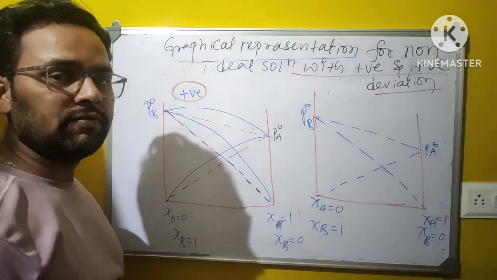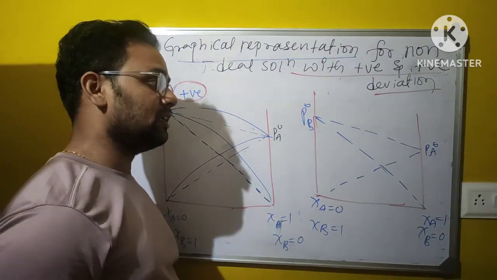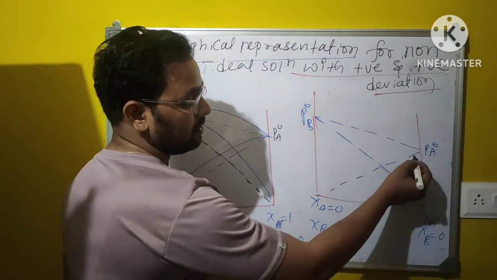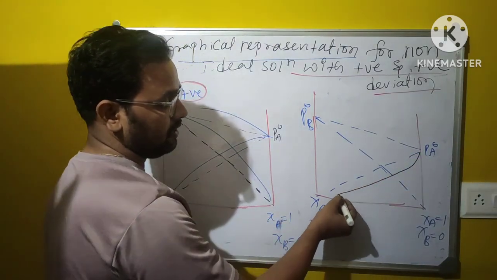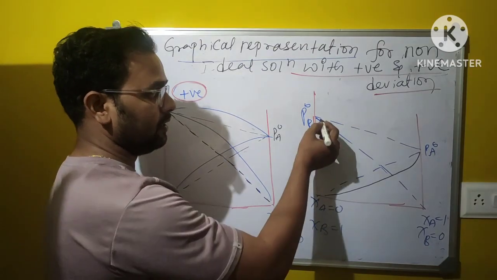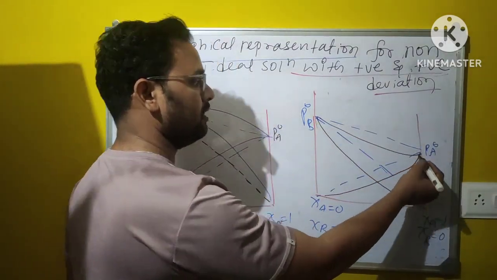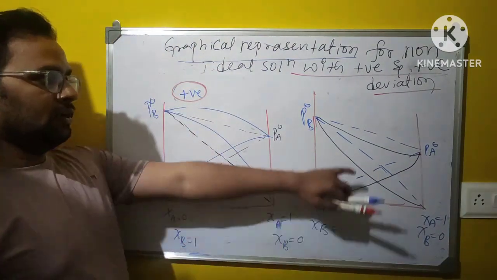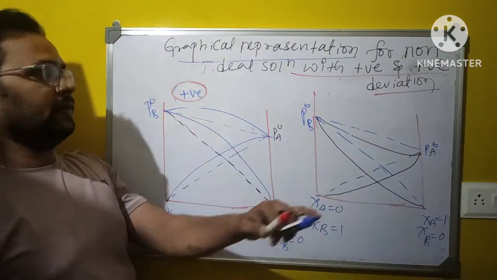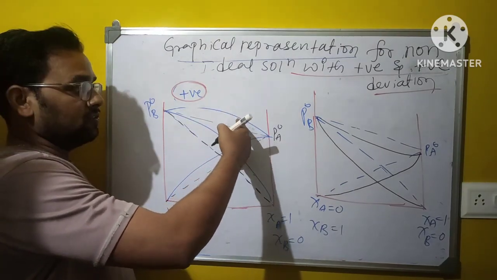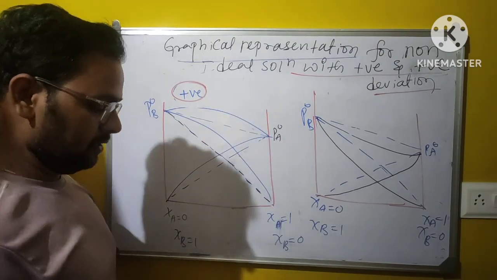So it is the ideal graphical representation for ideal solution. Now for non-ideal solution with negative deviation, pressure exerted by A is lesser than expected, B also lesser than expected, total pressure also lesser than expected. The actual values are lesser than the expected values.